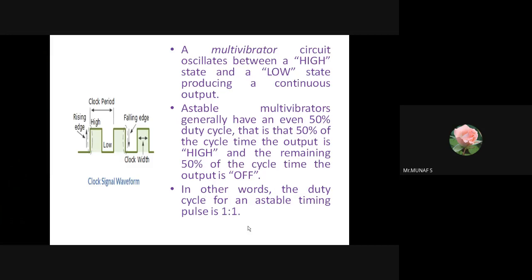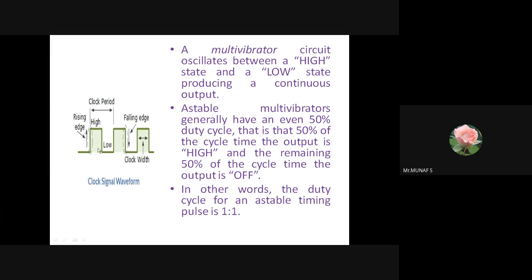Multivibrator oscillators oscillate between high state and low state, producing a continuous waveform at the output. The astable multivibrators generally have an even duty cycle, 50 percent even duty cycle and 50 percent odd duty cycle. Even means high state.